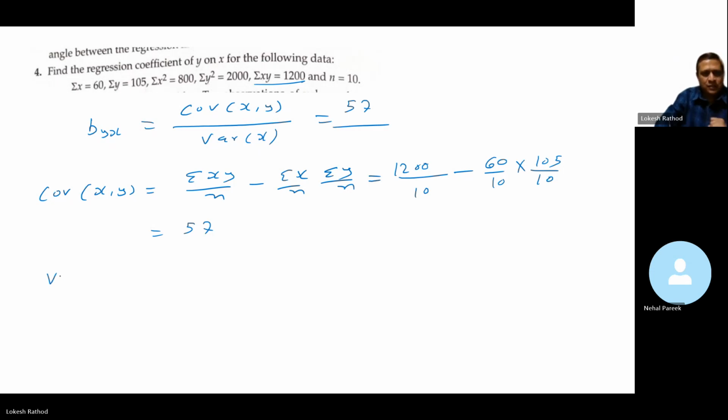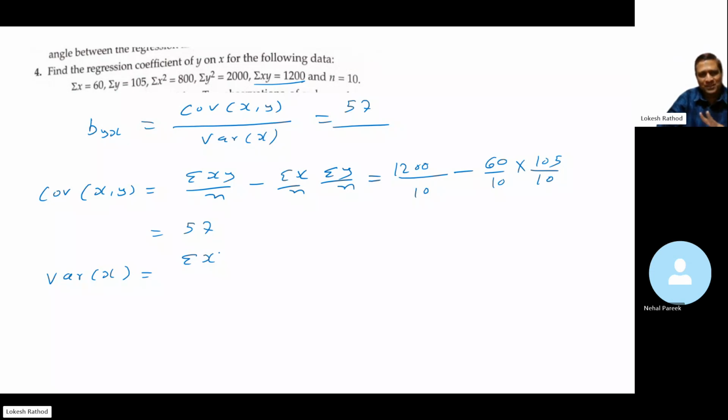Variance of x. So what is the formula of variance of x? Sigma x minus x bar whole square over n. Is sigma x minus x bar given in the question? No. So what is given?